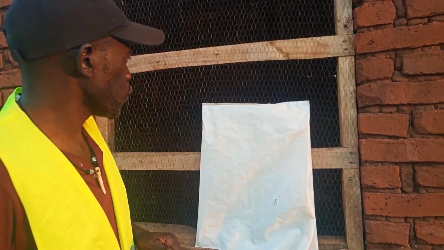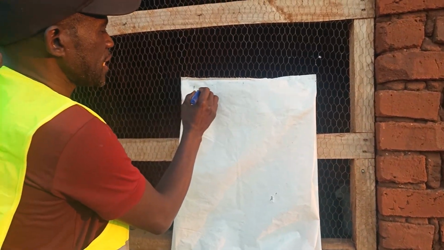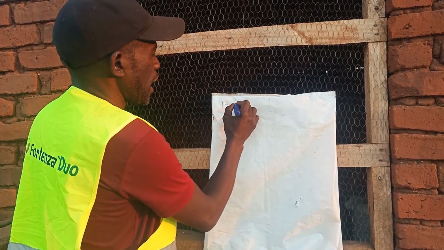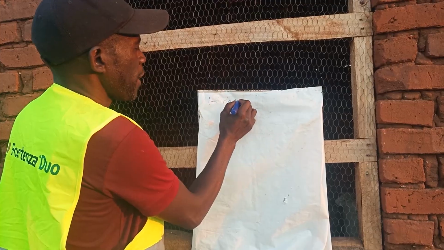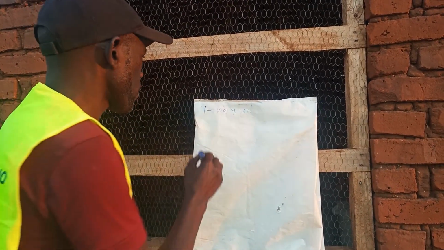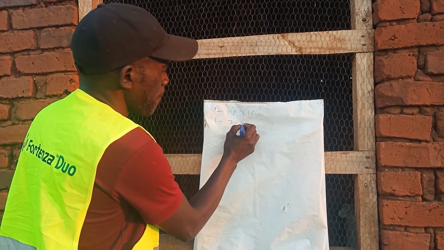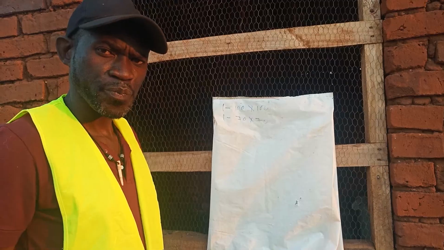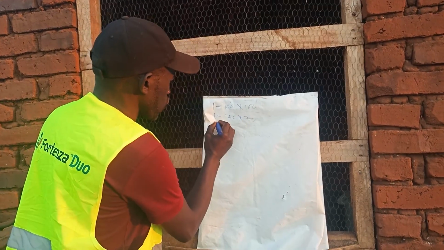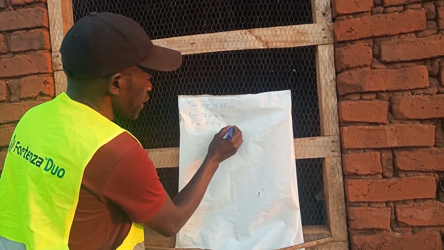The first thing we need to do is understand the measurements. First of all, 1 hectare is equal to 100 by 100. 1 acre is equal to 70 by 70. 1 lima is equal to 50 by 50.